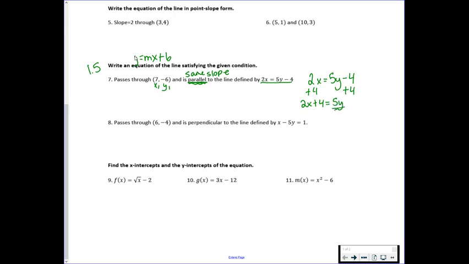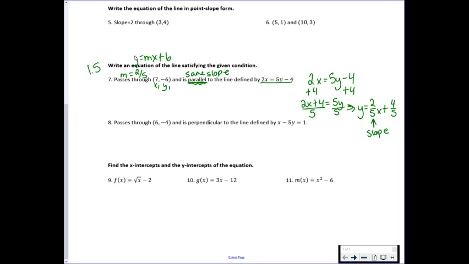To get y by itself, I'm going to divide everything by 5. 2 over 5 does not reduce, so I have y equals 2 over 5x plus 4 over 5. You have to divide both pieces by 5. Okay, now looking at my equation, I can clearly see my slope is the 2/5. And because they're parallel, this line must also have a slope that is 2/5.